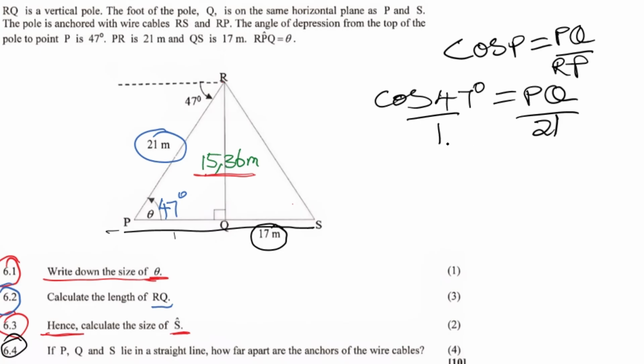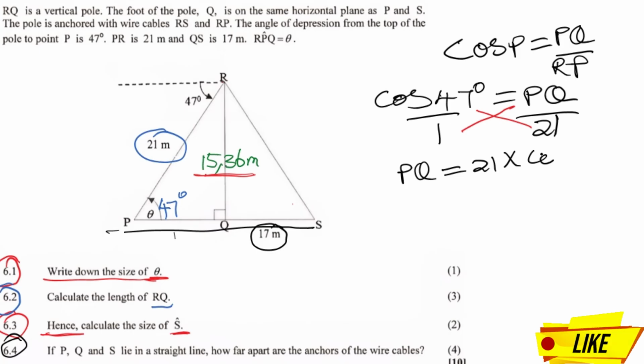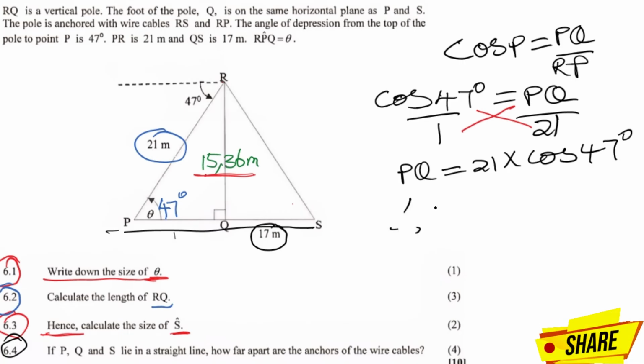So we need to cross multiply. When we cross multiply, we will have 1 multiplied by PQ, so we will have PQ, and then 21 multiplied by cos 47 degrees. Then we press the calculator to get the value of PQ.